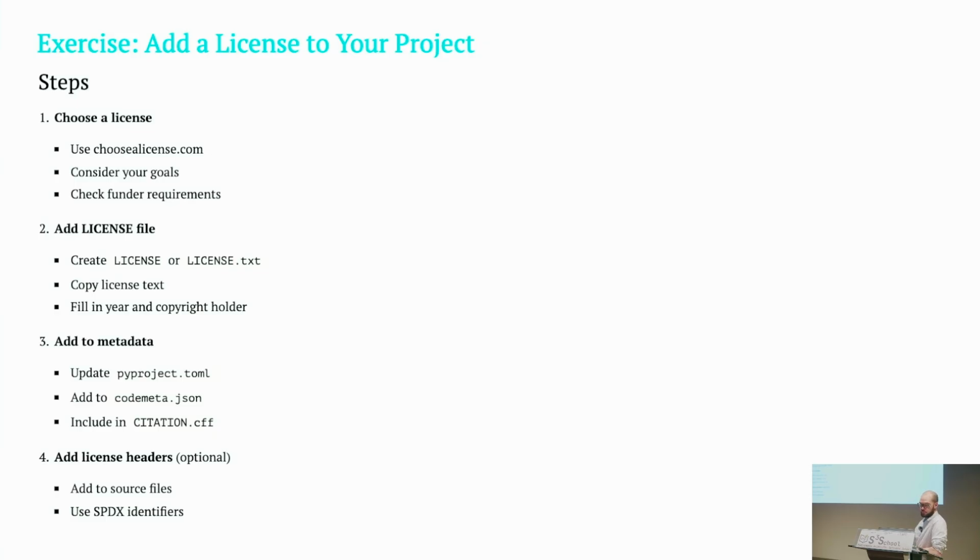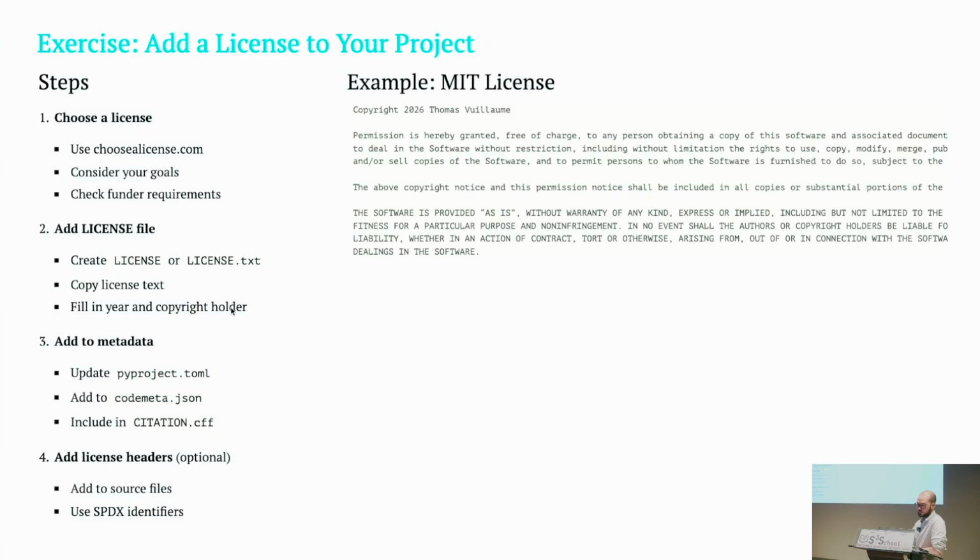So in the source files of your code, you can add a header. So as an example here, here's the MIT license. So you could copy this text and replace here the year and copyright holder. In the PyProject toml, you can add it like here. So either you mention directly the license code, here MIT, or the file where to find the license.